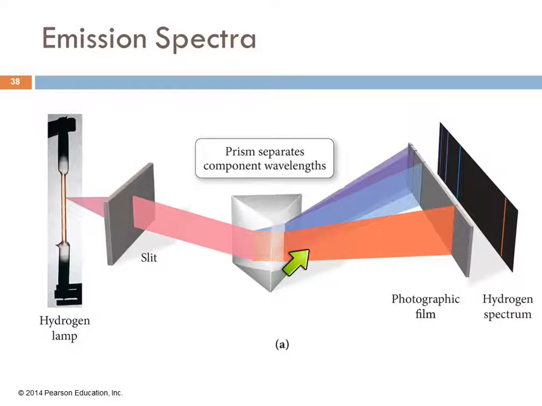If we passed white light through here, the orange would be in the same place, and the violet would be over there, because the position of it on this screen depends on its wavelength. But for hydrogen, the light only contains these particular wavelengths. And so we only see 4 lines of color.